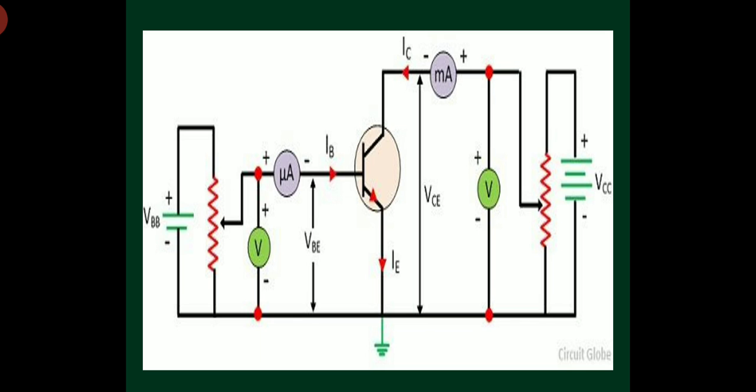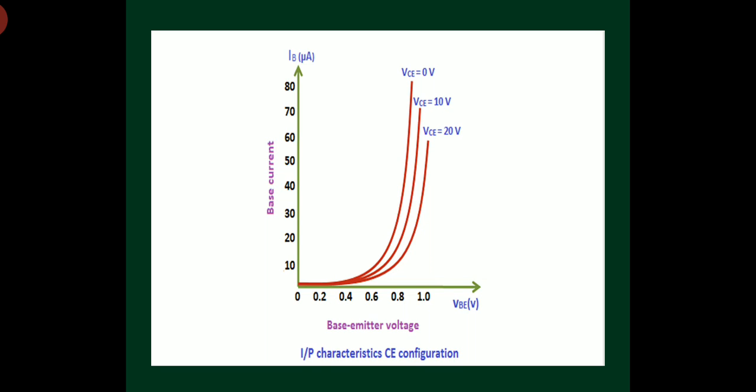So just the input circuit forms a forward bias PN diode. That's it. So when VCE equal to 0, when reverse bias voltage is 0, the transistor just acts as a forward bias PN diode. So the characteristics are like this, equal to the characteristics of a forward bias PN diode, VCE equal to 0.